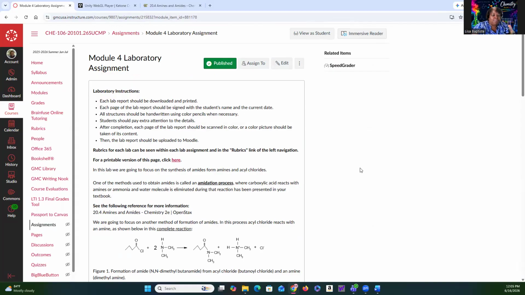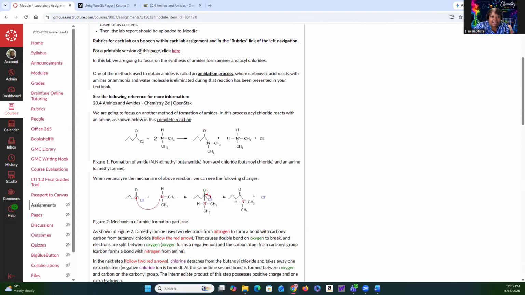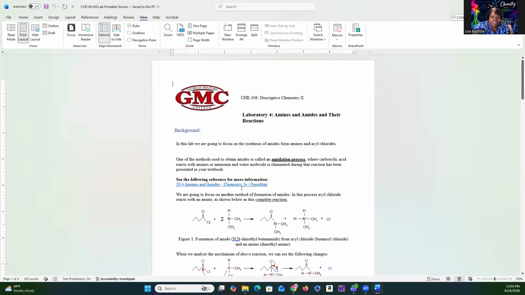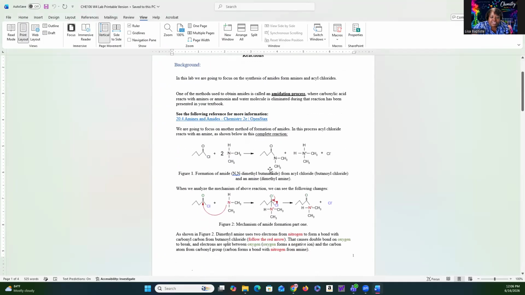So the Module 4 lab, we are working with the amines and amides. Like always, you have here your link for the printable version. This is your printable version, and it goes through looking at the synthesis of our amines and our amides. If we look at this particular example, we are looking at the formation of our amine.